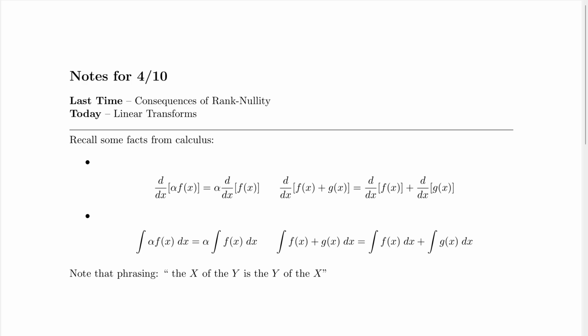In particular, if I look at a scaled matrix and take its transpose, or if I take a sum of two matrices and look at their transpose, those behave nicely as well. So the transpose of a scaled matrix is the scaled transpose. The transpose of a sum is the sum of the transposes. And again, the x of the y is the y of the x.